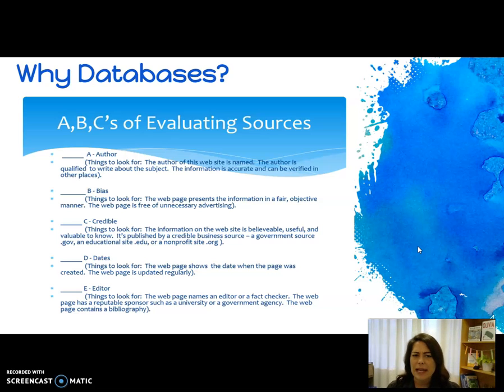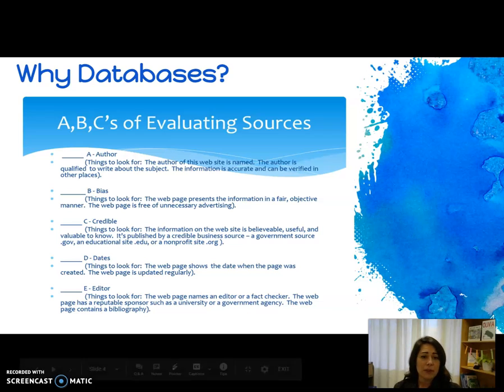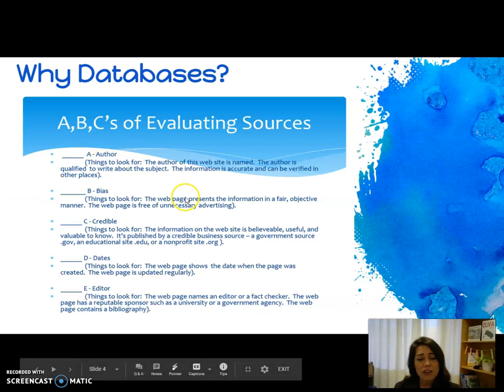So why do we use databases? This is kind of a big infographic, but when we are doing school research, we have to use sources from experts. That's just the rule. And it's going to be like that every single year in school until the day you graduate and go off to college. We call them reliable, credible sources. So we want information that is from an author who has a degree in what it is they're writing about.